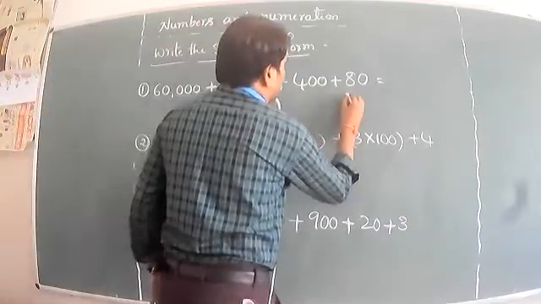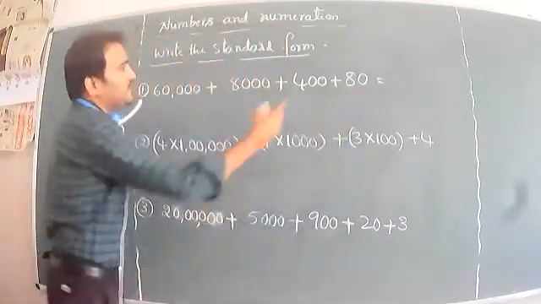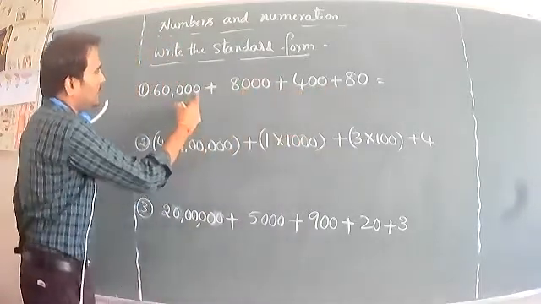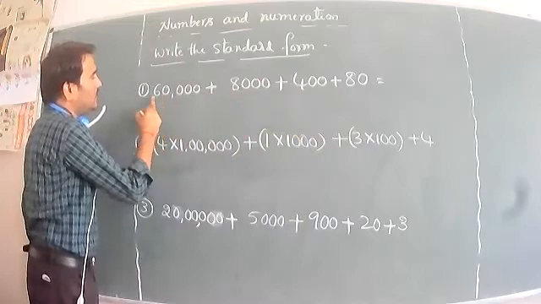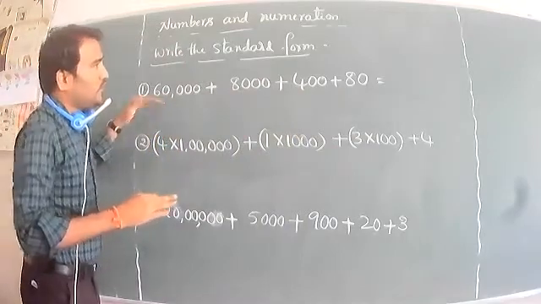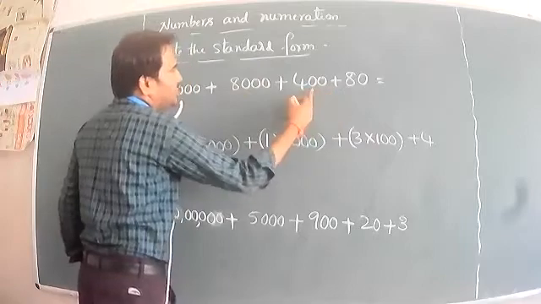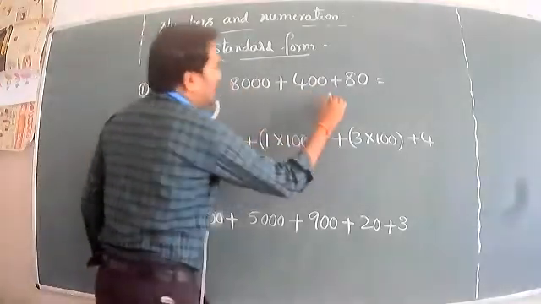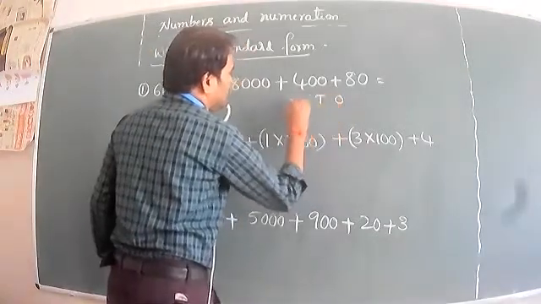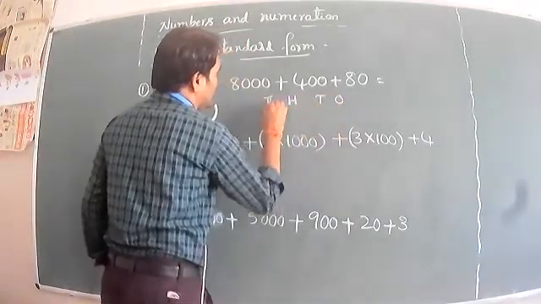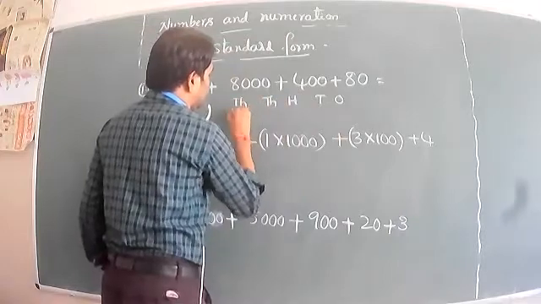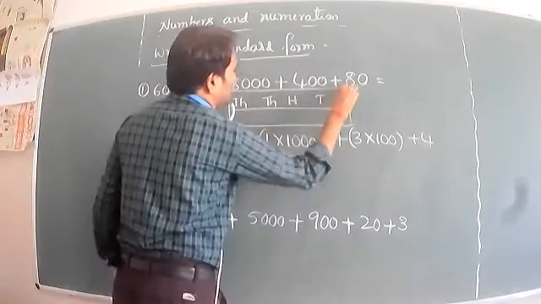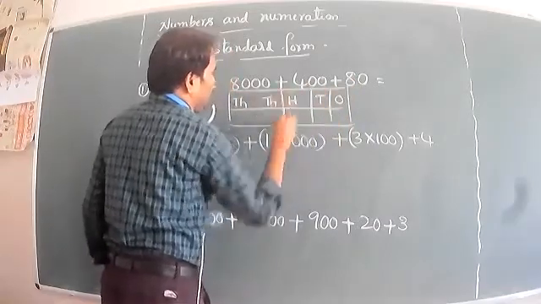First we write ones, tens, hundred, thousand, 10,000. Now we should write the place values: ones, tens, hundred, thousand, 10,000. Okay, we find the number.